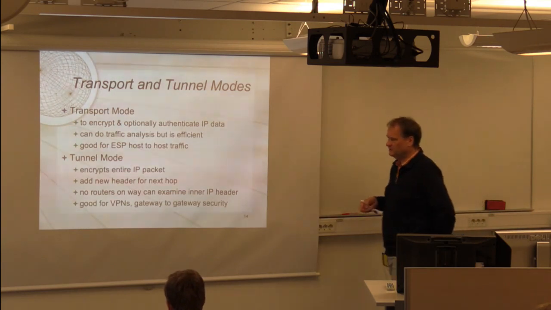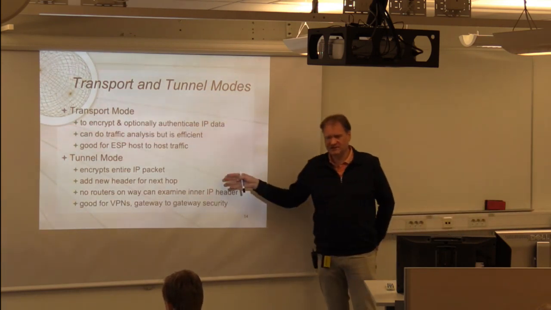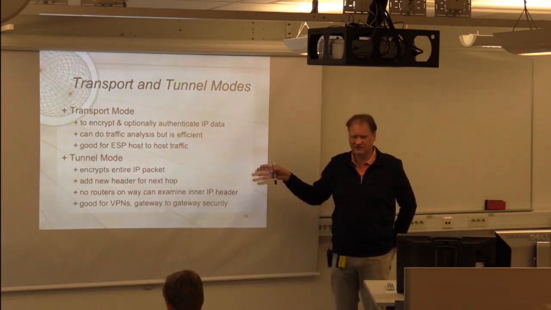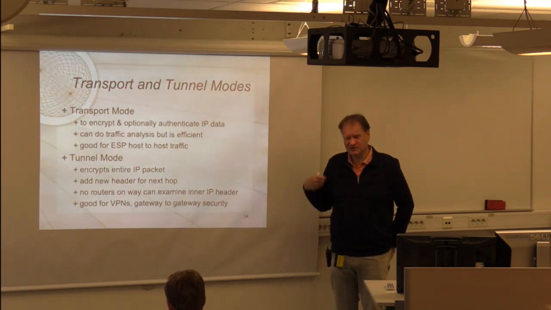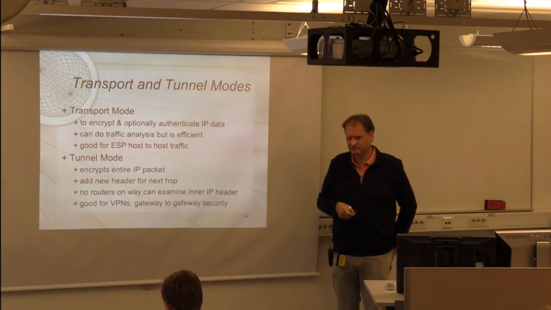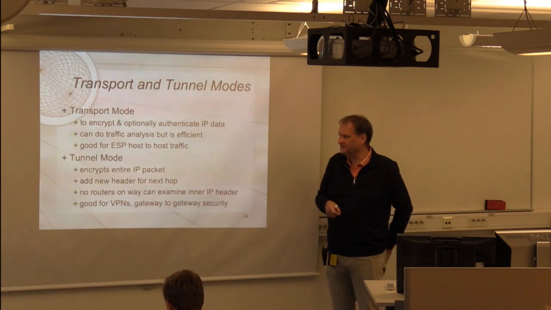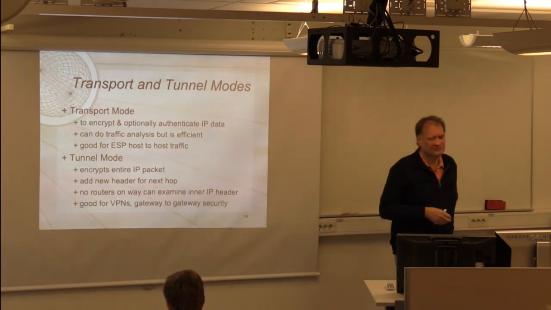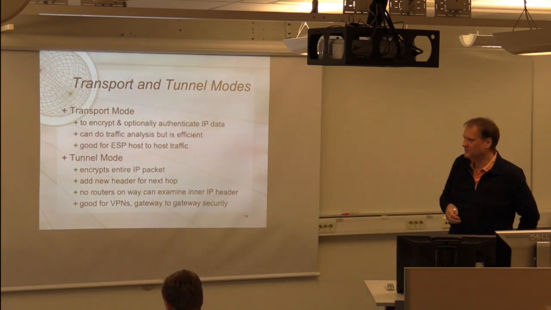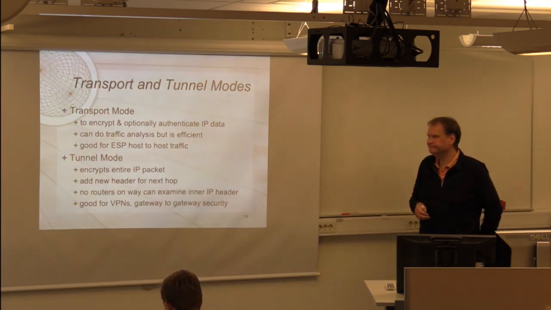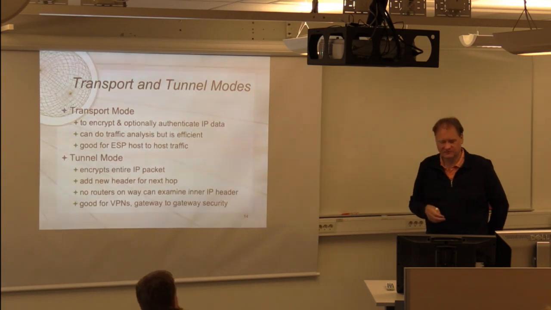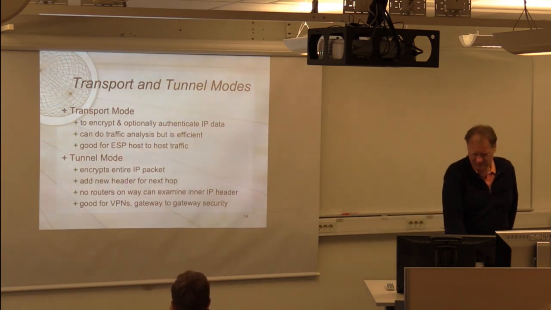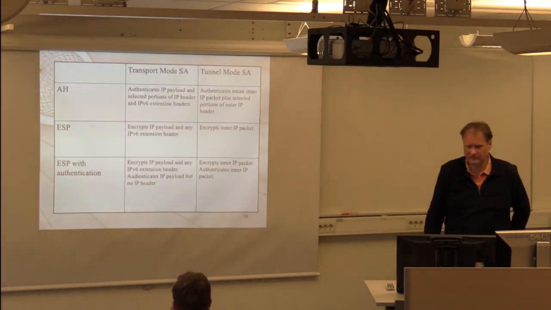So you can say that tunnel mode is more secure in some sense, because we protect the entire packet, but it also gives more overhead. And in some cases, transport mode is the only thing that is really useful, and we'll come back to how we use the different modes here. So both modes are used.